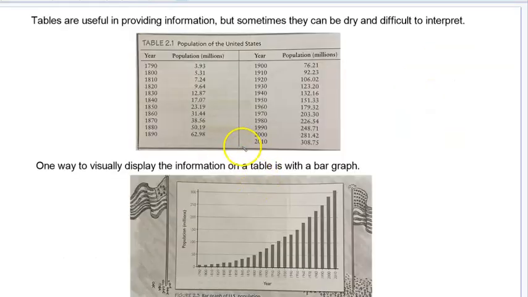Now, this slide is just to help us understand, and we probably already know this, but sometimes tables are fine, but to really give us a true picture of growth, it's a lot of times more helpful to look at that data in a graph form. And so what's happening here is this table, which represents the population of the United States over a long period of time.